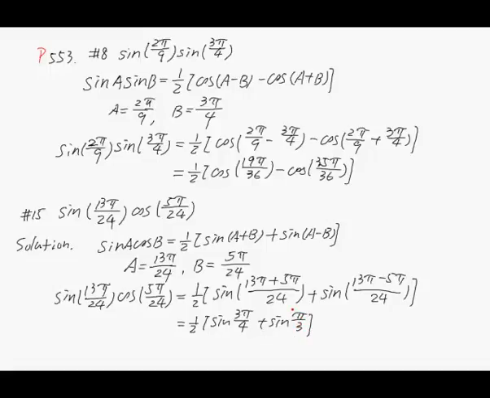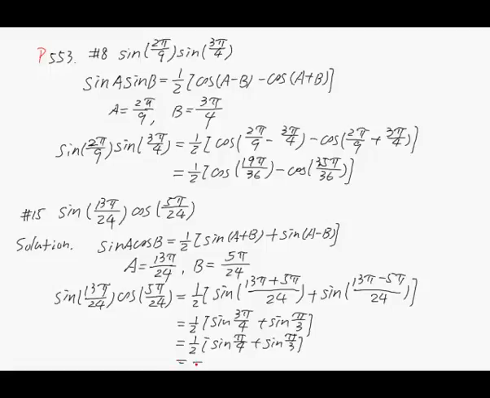And then we can use the reference angle for 3 pi over 4 to simplify the first term. We know the reference angle of 3 pi over 4 is pi over 4, right? And 3 pi over 4 is in quadrant 2, so sine is positive. So this is equal to sine of pi over 4 plus sine of pi over 3.